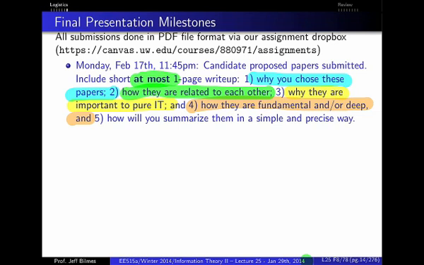On the other hand, if all your papers are from Transactions on IT, you'll have less to do on that point than if all your papers are from Transactions on Horticultural Engineering or something. Whatever that is. And then lastly, how you'll summarize these papers in a simple and precise way. So all these 5 points need to be addressed.